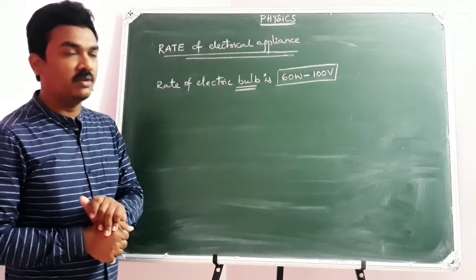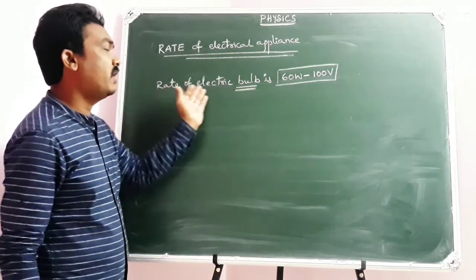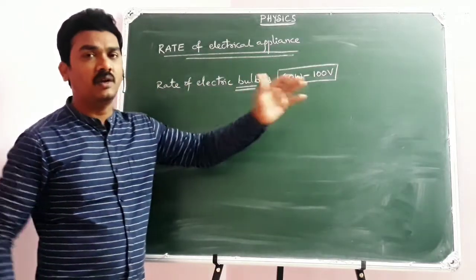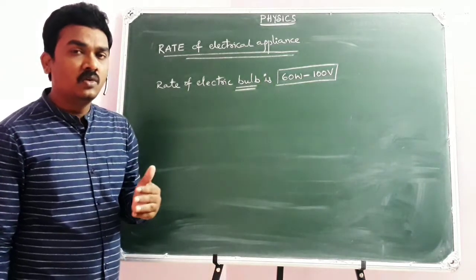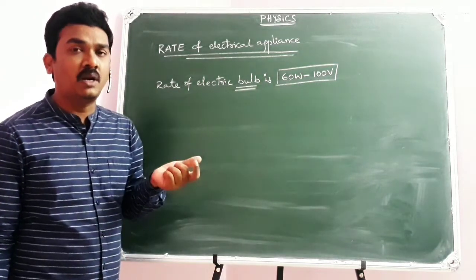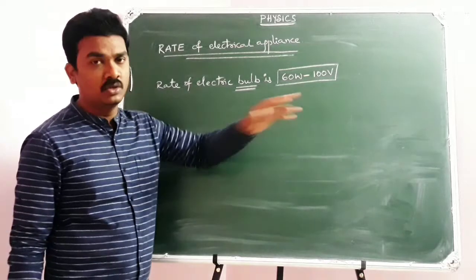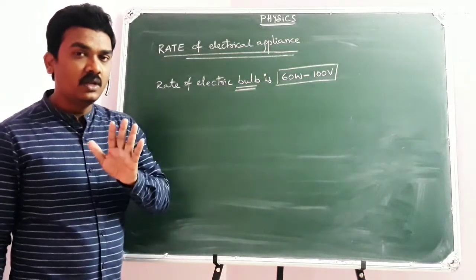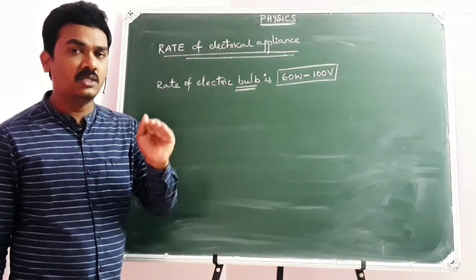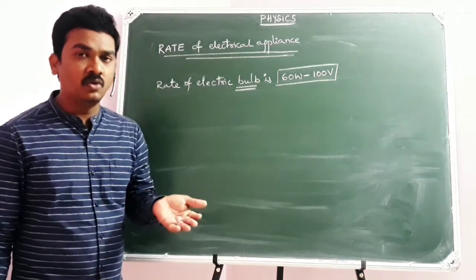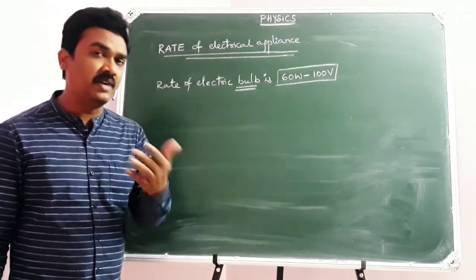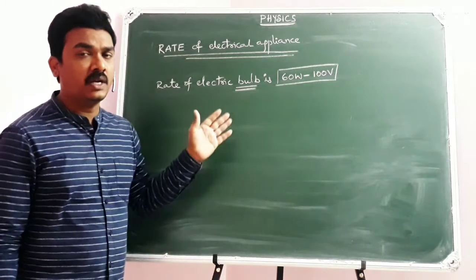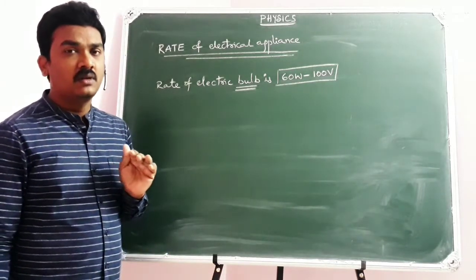See, there will be a misconception. When I have told you like this, rate of electric bulb is 60 watt at 100 volt, you may think that the potential difference across the bulb should always be 100 volt. No. The potential difference across the bulb might be 20 volt, might be 30 volt, might be 70 volt as per the electric circuit given.